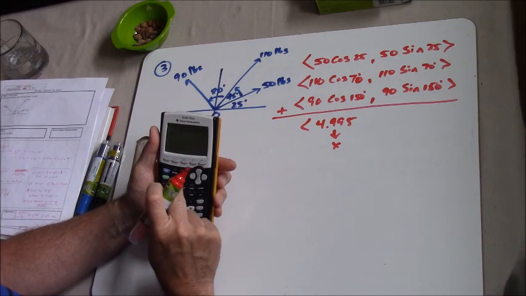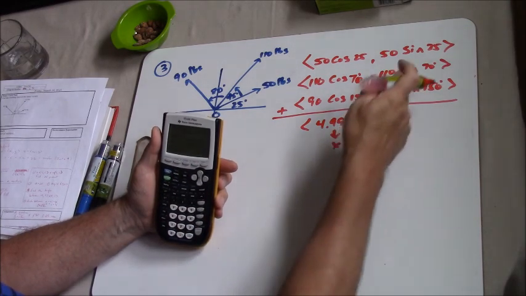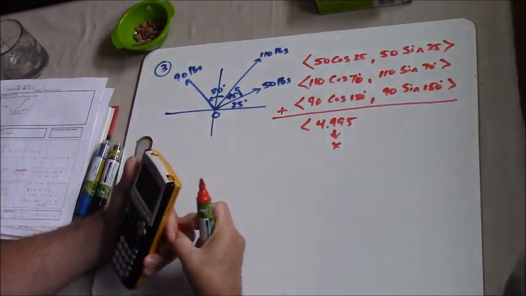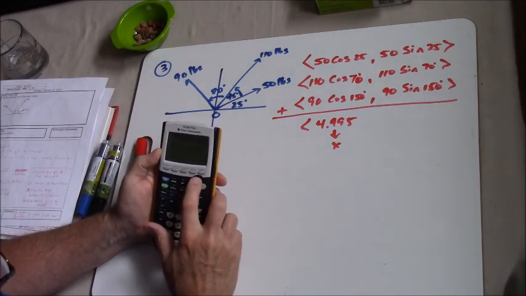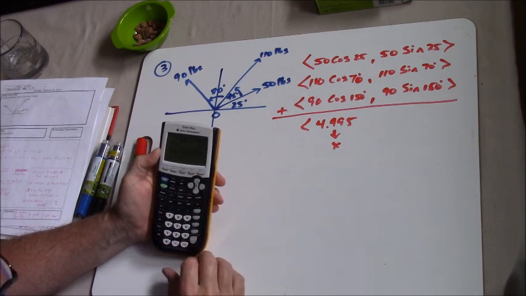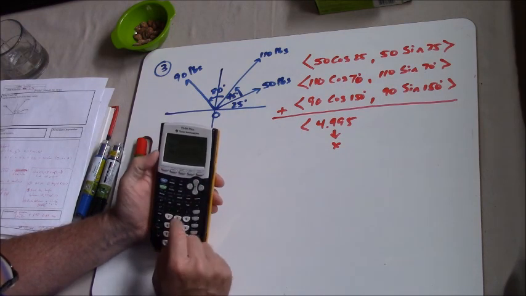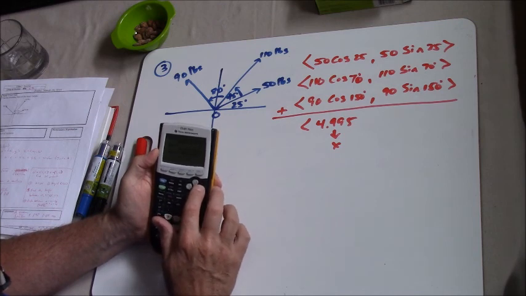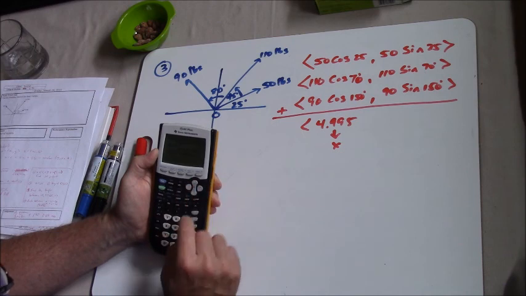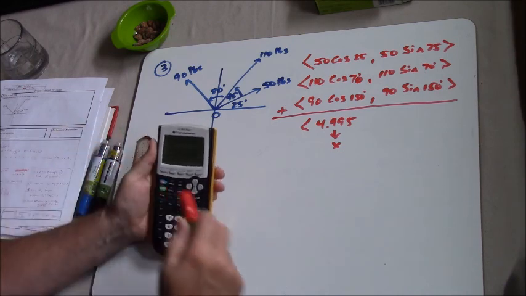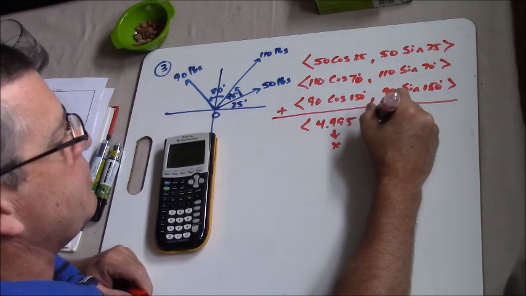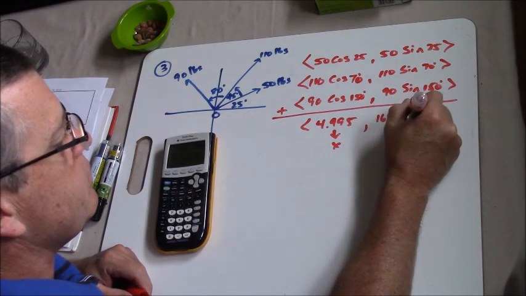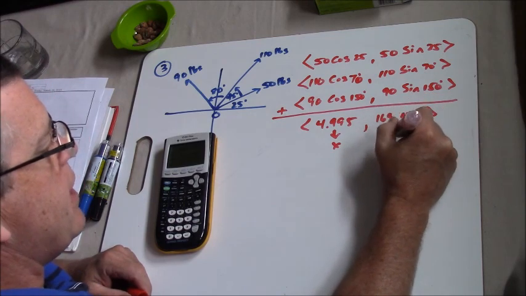Now we'll do the same thing for the y coordinate. I'm just going to go up and get that last one and change all the cosines into sines. And what I got is 169.497. I'm going to store that in alpha y.